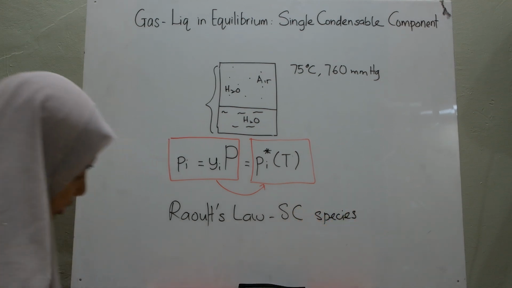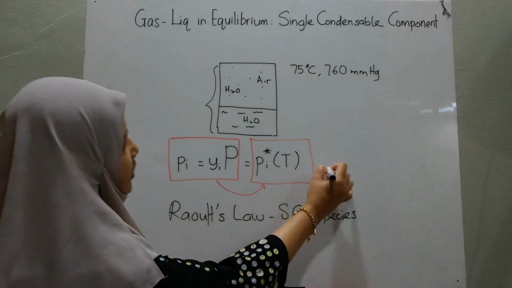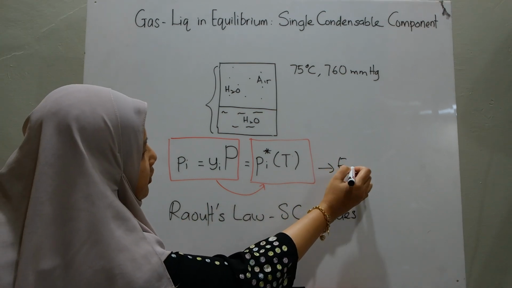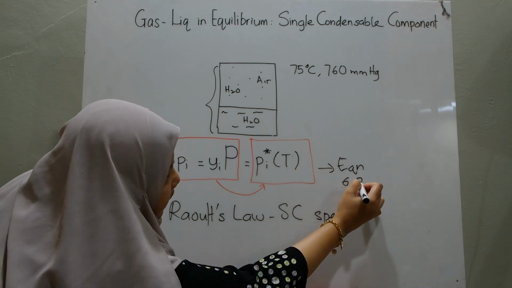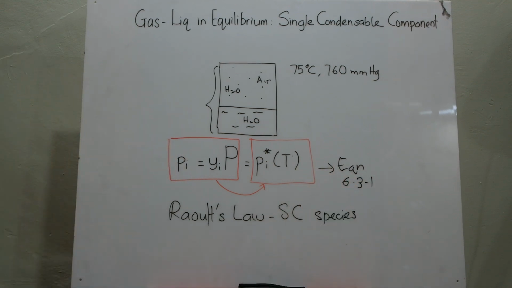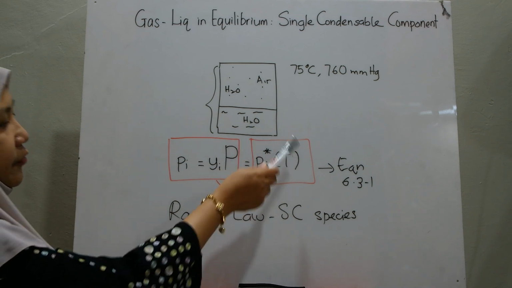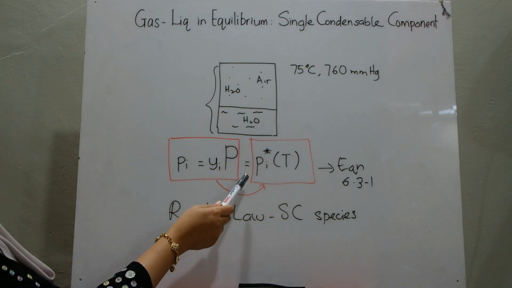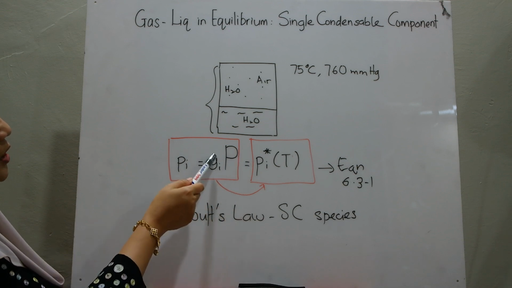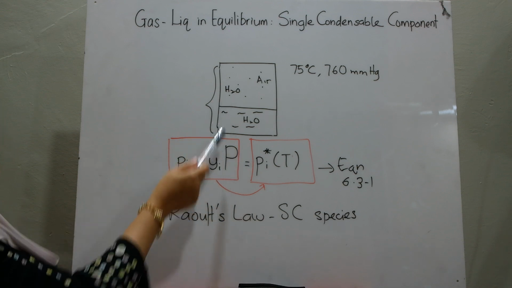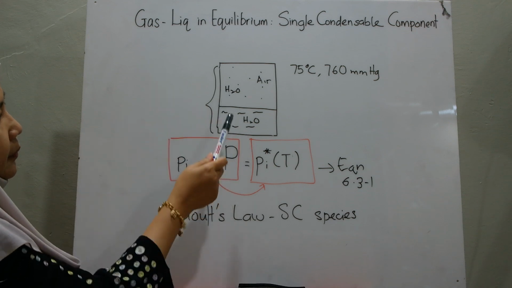In your textbook it is equation 6.3-1. So we have to understand this concept. The vapor pressure will help you to determine the mole fraction at equilibrium.